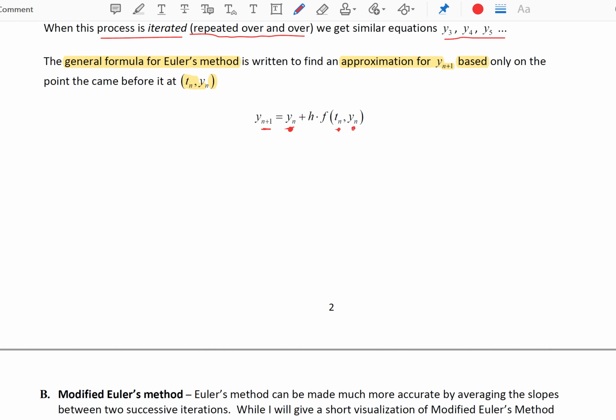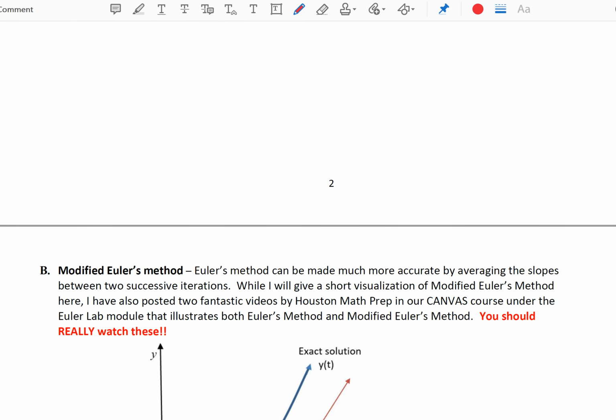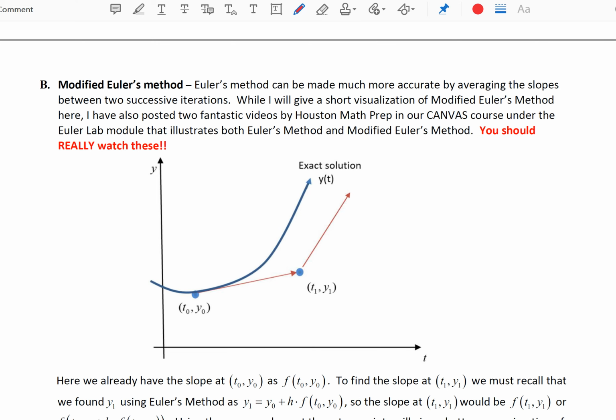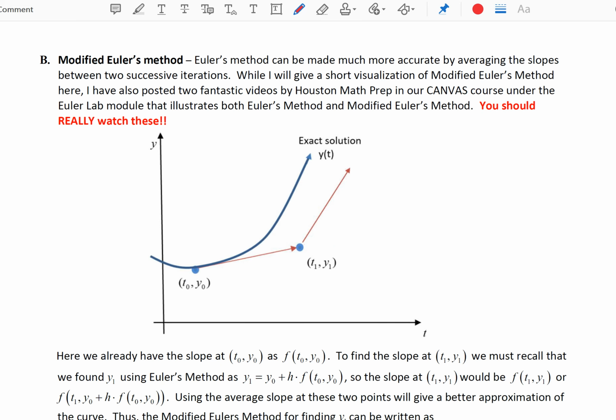A second method we can use to approximate solutions of differential equations is referred to as modified Euler's method. Euler's method can be made more accurate by averaging the slopes between two successive iterations.